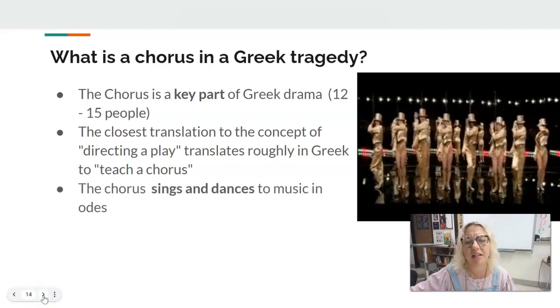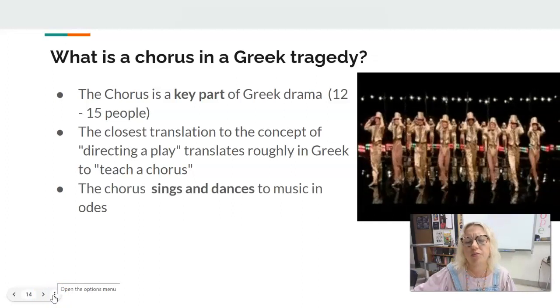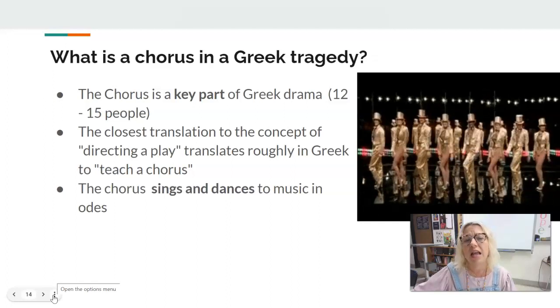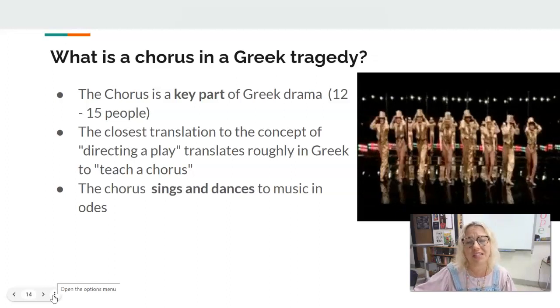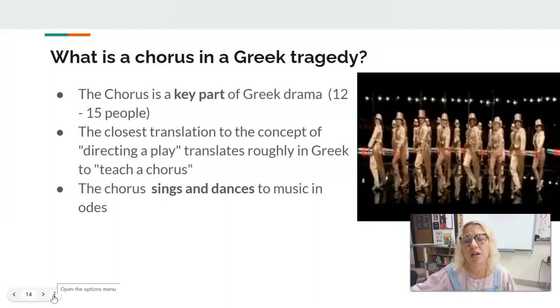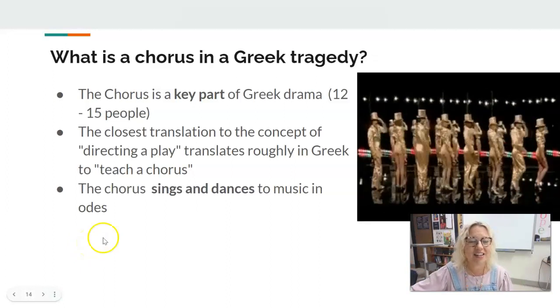They sing and dance to music. The lines that are in our text would have been sung, and the chorus would have been moving. They'd be dancing together, delivering the lines together at the same time in unity, in chorus.